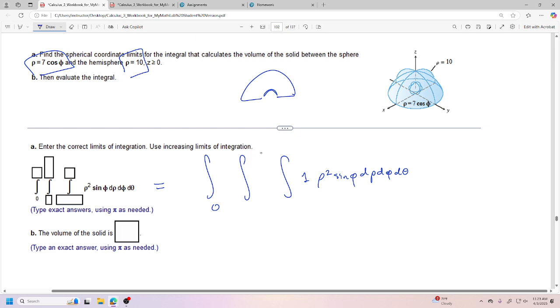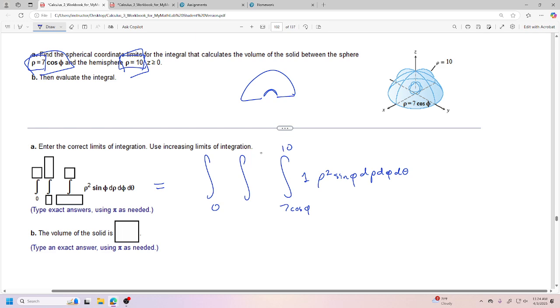So then what would be closer? Do you notice the picture? Which one would be closer to you? Looking right here, which one has the smaller radius? The 7. Like this changes a little, but ultimately it's still a radius of 7, right? So 7 cosine of phi, and then all the way to 10.